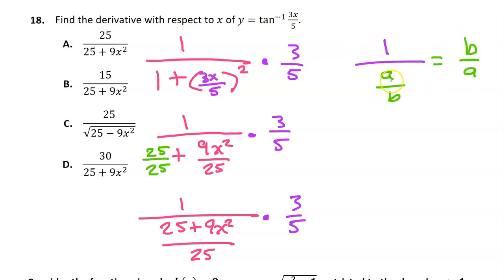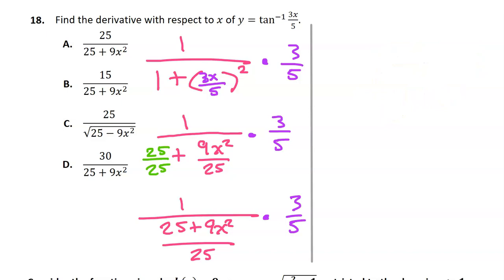I guess you could look at it as I'm taking this and multiplying by the reciprocal, and then 1 times b over a is b over a. But 1 over something is just the reciprocal of that thing, kabam. So if I take the reciprocal of this big old fraction, I'm going to have 25 over 25 plus 9x squared. Nothing has happened to the 3/5 so far.